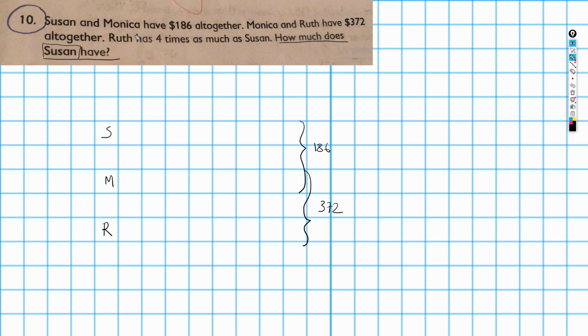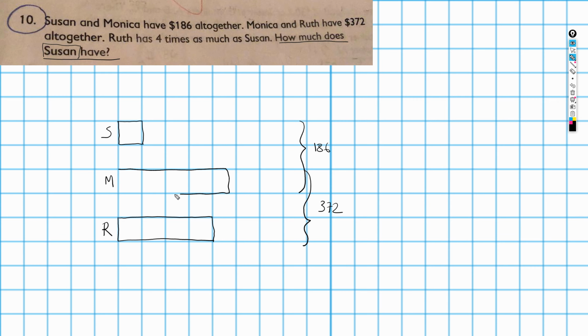And then I thought, okay, Ruth has 4 times as much as Susan. So I'm going to start by giving Susan 1 block. And then I give Ruth 4 blocks. Okay, 1, 2, 3, 4. Right. And then what do we give Monica? Well, we don't know the size of the block that she has, so it was just an arbitrary size.